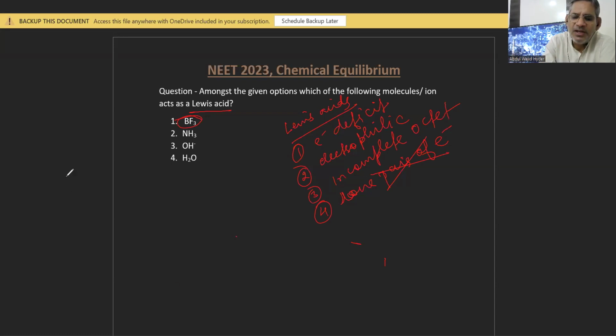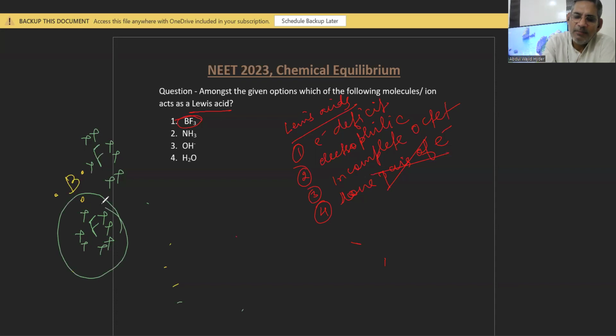What BF3 is? In BF3, boron is having 3 unpaired electrons, and each fluorine atom will be having 7 electrons, out of which 6 will be paired and 1 will be unpaired. In this way, 3 fluorine atoms will be having 3 unpaired electrons and will overlap the unpaired electrons of boron to get paired.